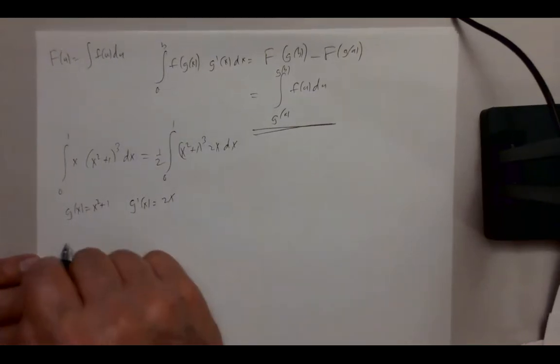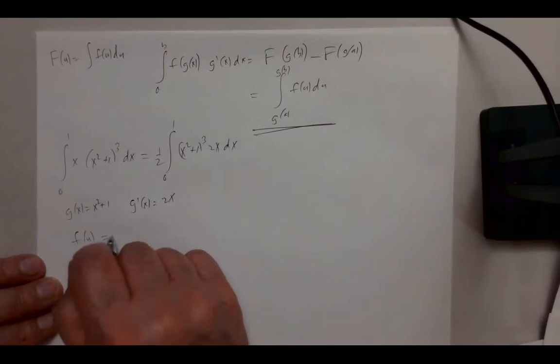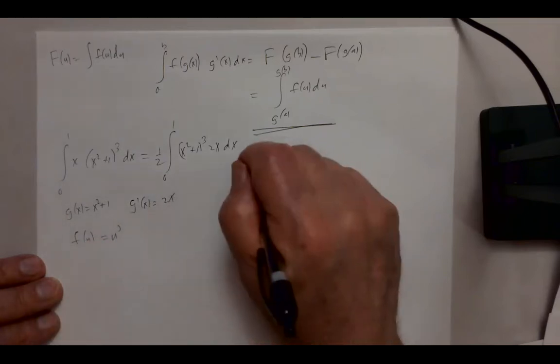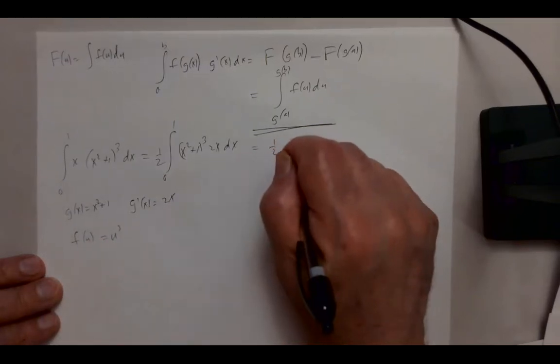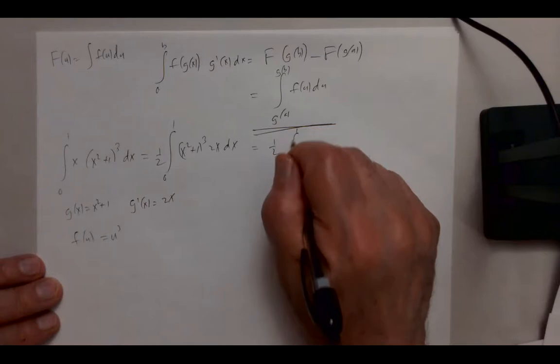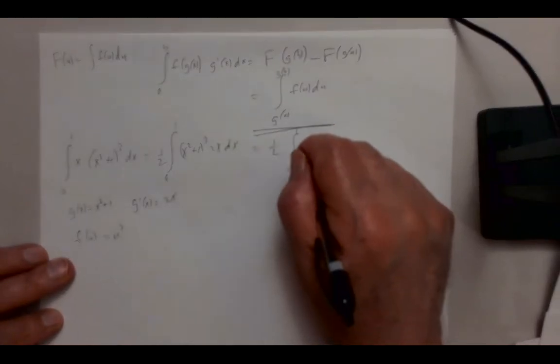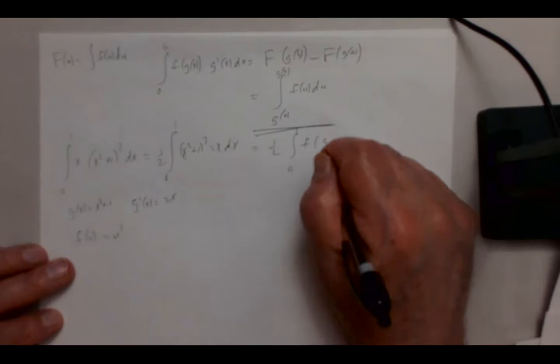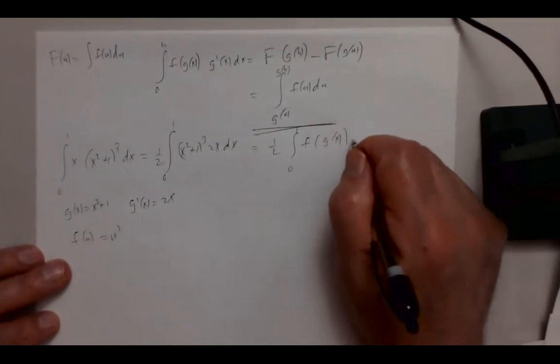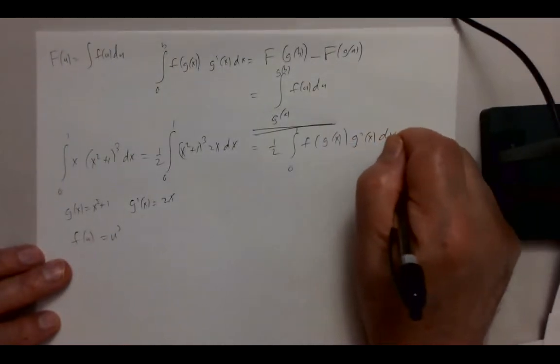If I let f of u be equal to u cubed, so this is 1/2 the integral from 0 to 1 of x squared plus 1 cubed, which is f of g of x, g prime of x dx.